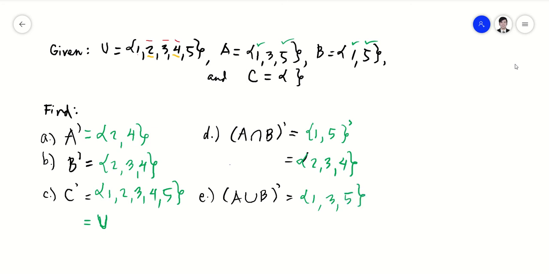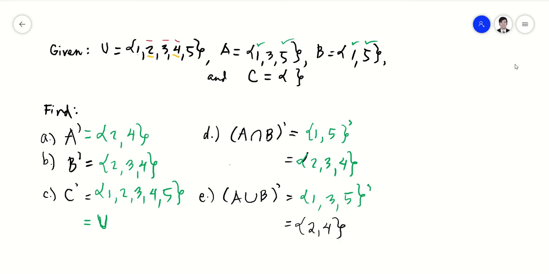Check if we're able to consider all the elements in A or B. 1, 3, and 5. 1 and 5. And don't forget, we're still finding the complement of the set 1, 3, and 5. So looking at our universal set, the elements that are in the universal set but not in here are 2 and 4. So that's our final answer. Again, it's 2 and 4.